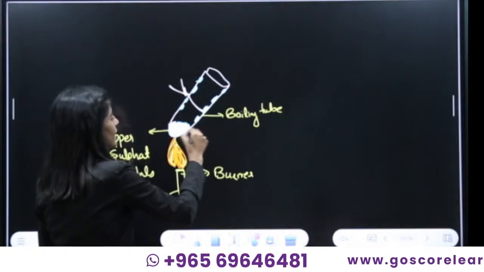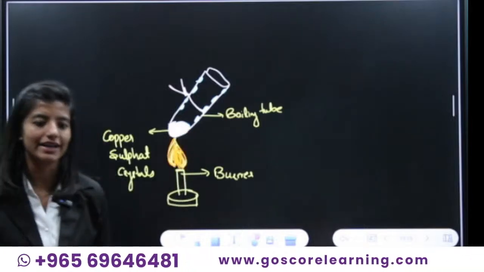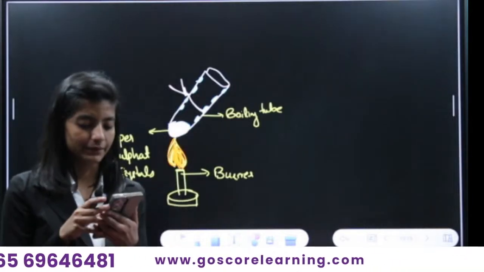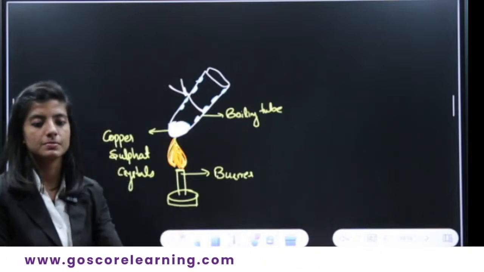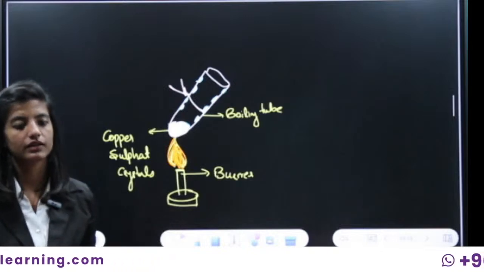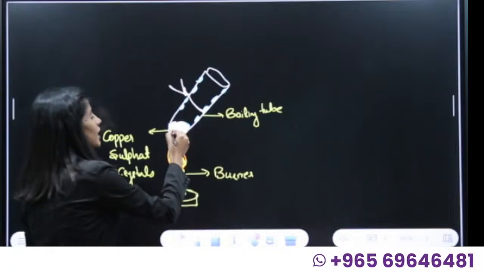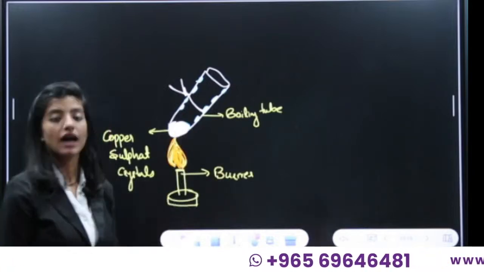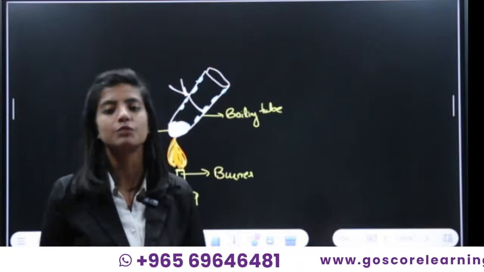The anhydrous copper sulfate will have a white color, because we know that anhydrous copper sulfate is white and hydrated copper sulfate is blue in color.